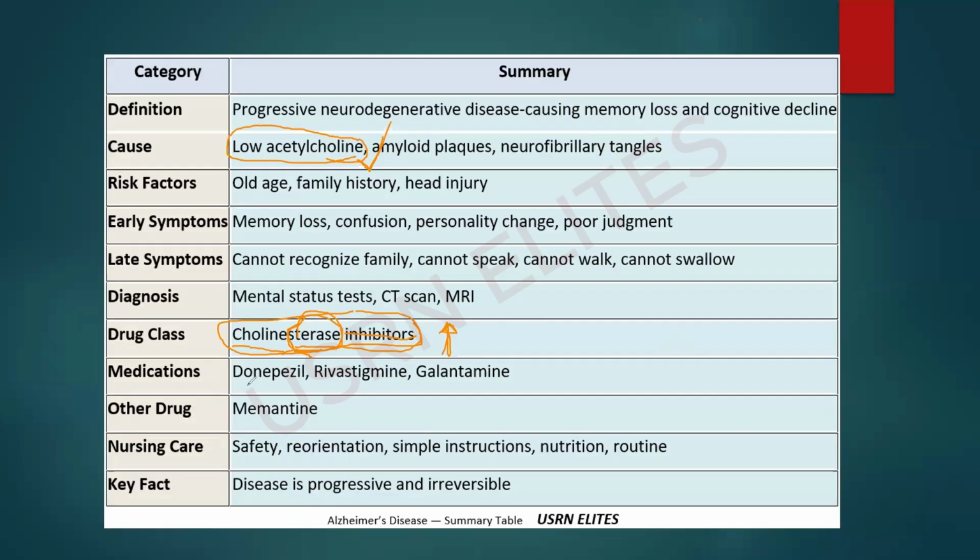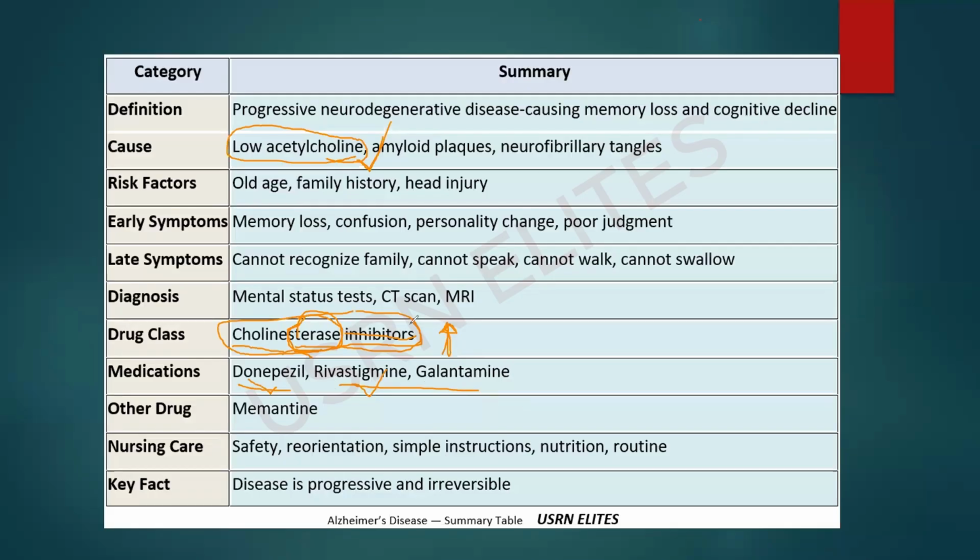Some of them are donepezil, rivastigmine, and galantamine. I think these three are very common, especially the first two. You see them in question banks and wherever you have questions.